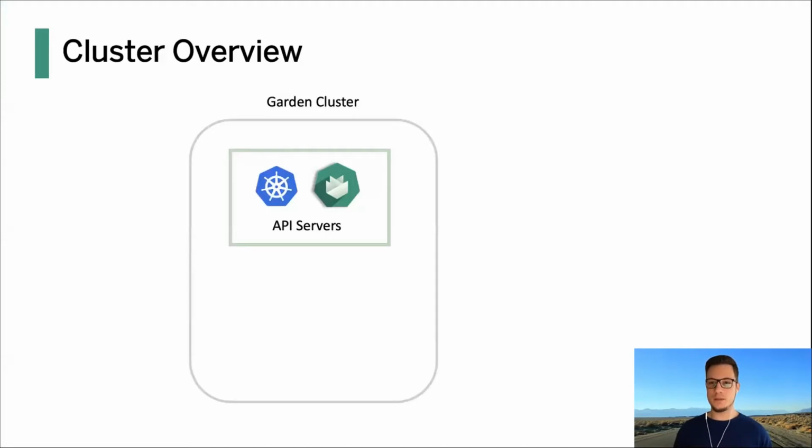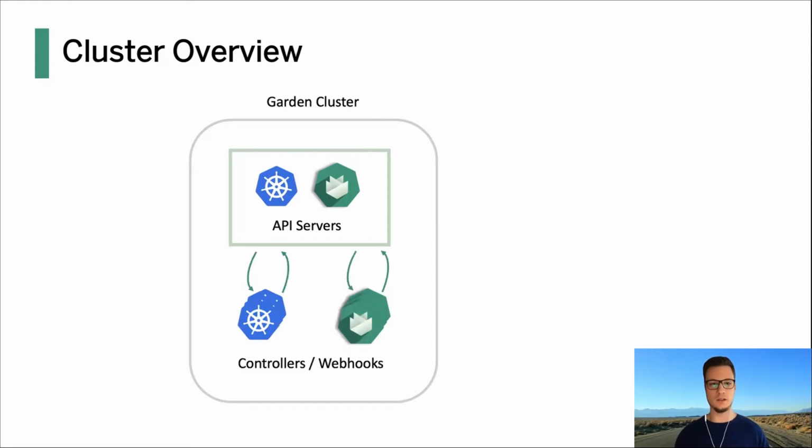Let me start with a simple cluster overview of our Gardener environments, also as a little recap. We have a garden cluster, which is a Kubernetes cluster, and inside, on the left side, a Kubernetes API server, and for the Gardener resources, the Gardener API server, which is an extension API server.